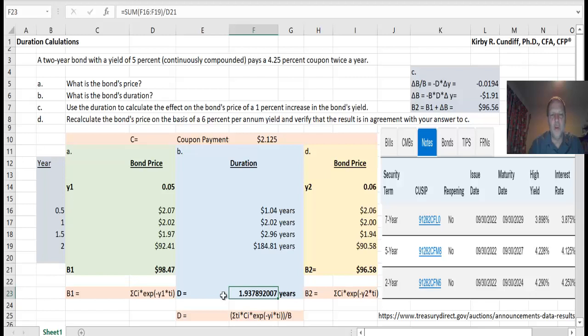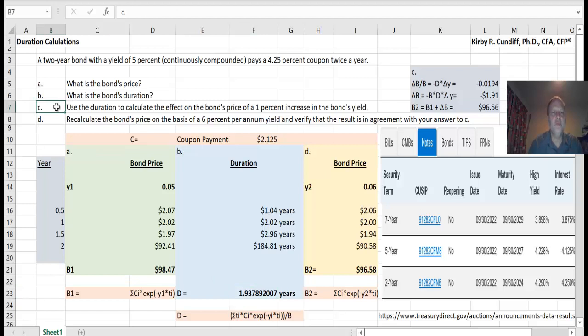Duration is a measurement of how quickly you get your money back. We get our money back in slightly less than 2 years because we have coupon payments. So at least on an average basis, we got our money back in 1.94 years. And that is the answer to part B.